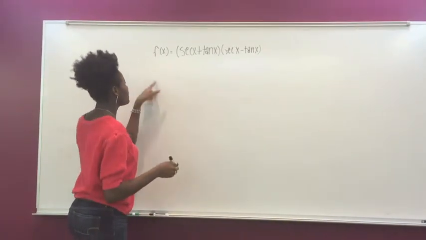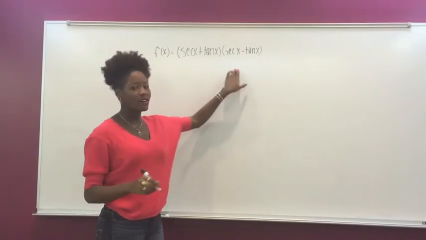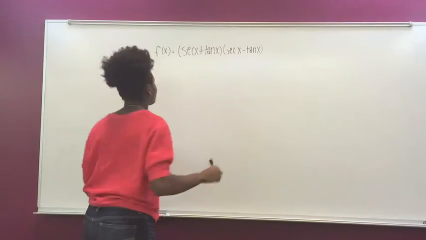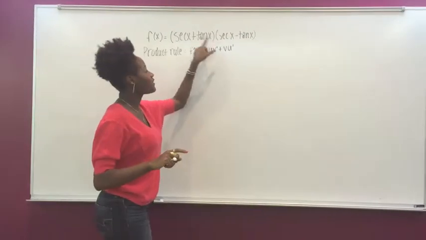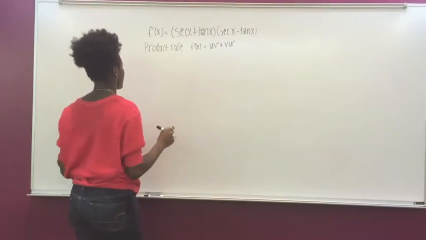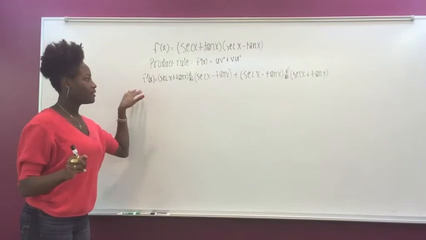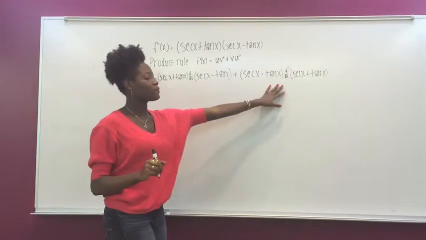Use the product rule to find the derivative of this function because the two functions are separated by multiplication. So the product rule is the first function times the derivative of the second function, plus the second function times the derivative of the first. So now we're going to write that. This is your product rule laid out.